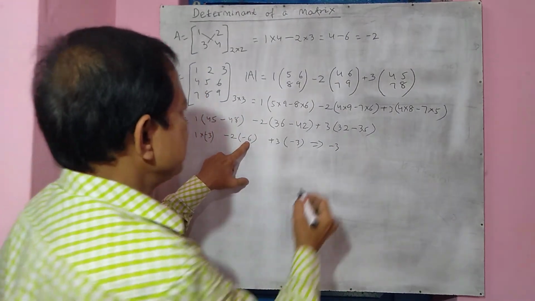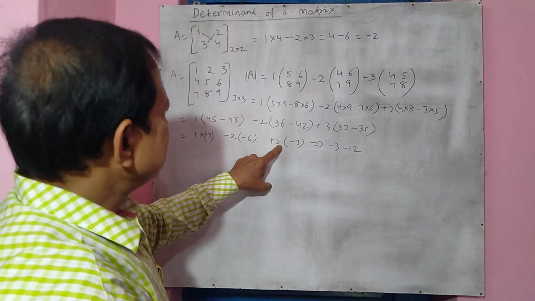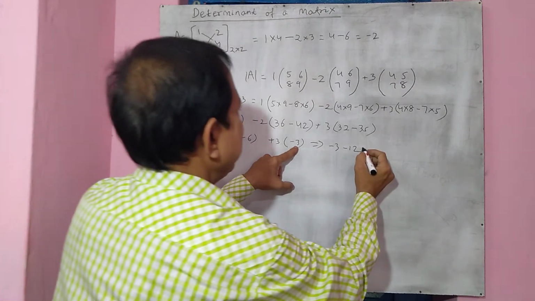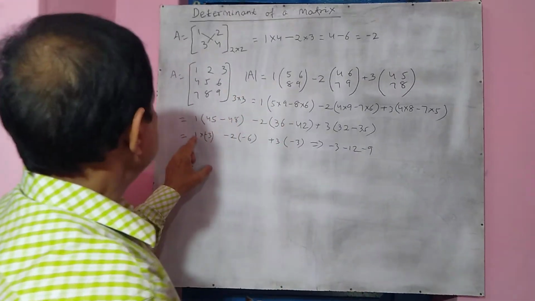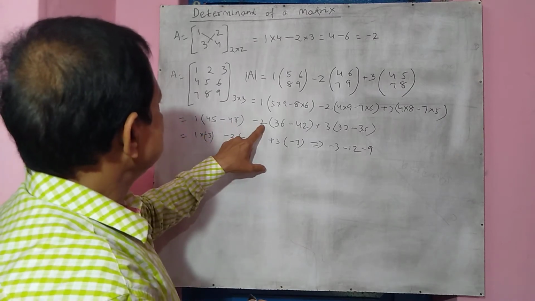Minus 2 into minus 6 is plus 12, and plus 3 into minus 3 is minus 9.